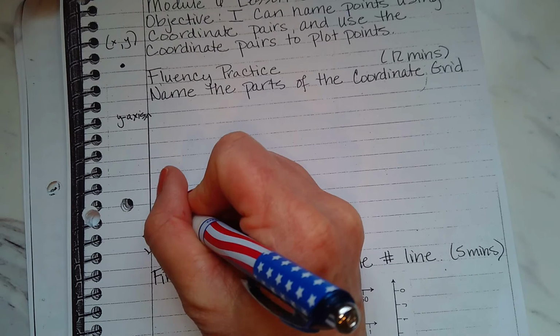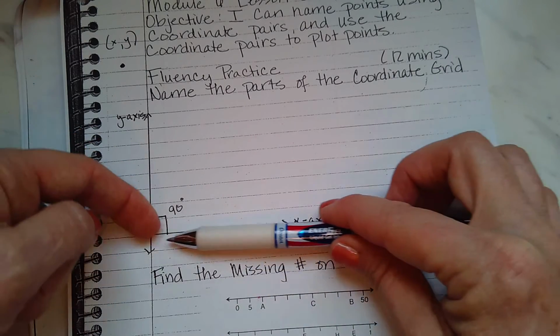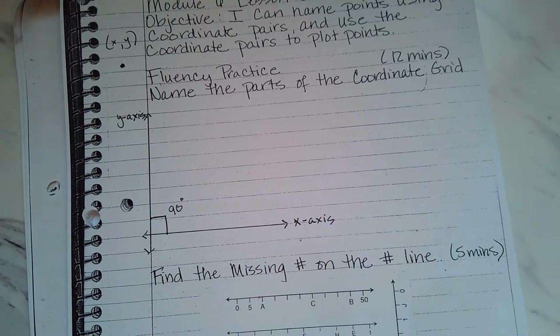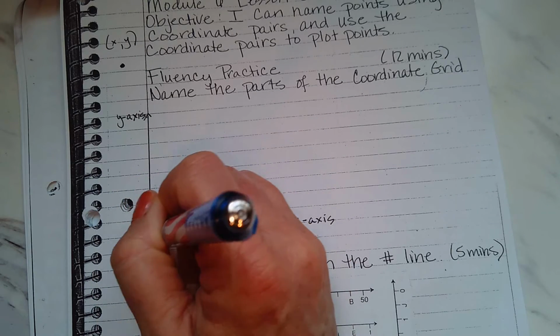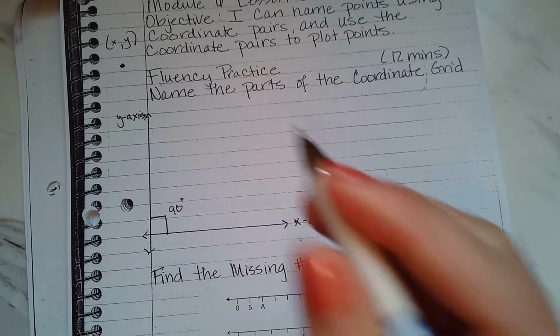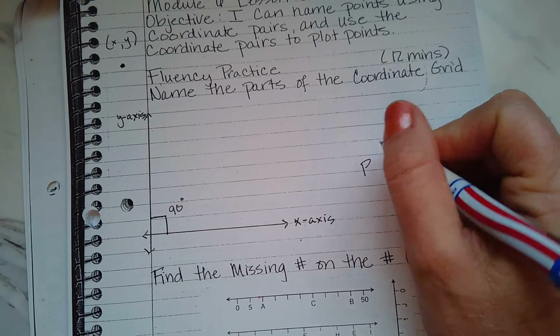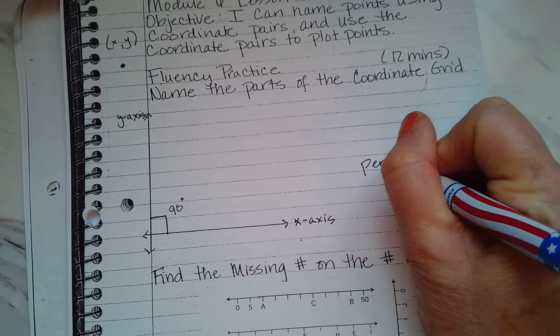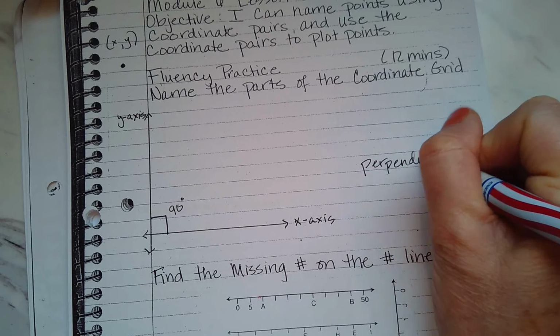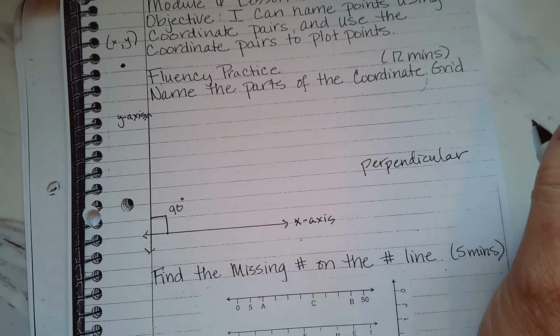It's a 90-degree angle, correct? Now, the lines that intersect at a right angle are called what types of lines? That's right, they're called perpendicular. Perpendicular lines.